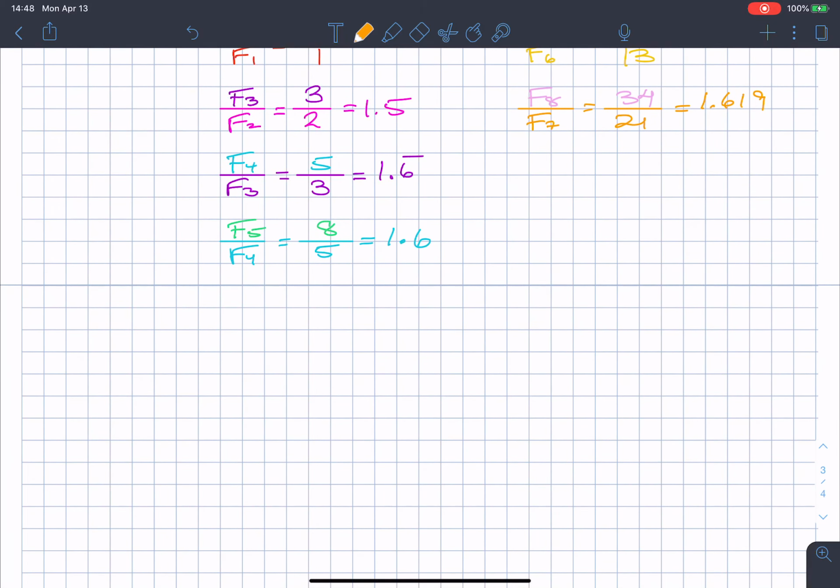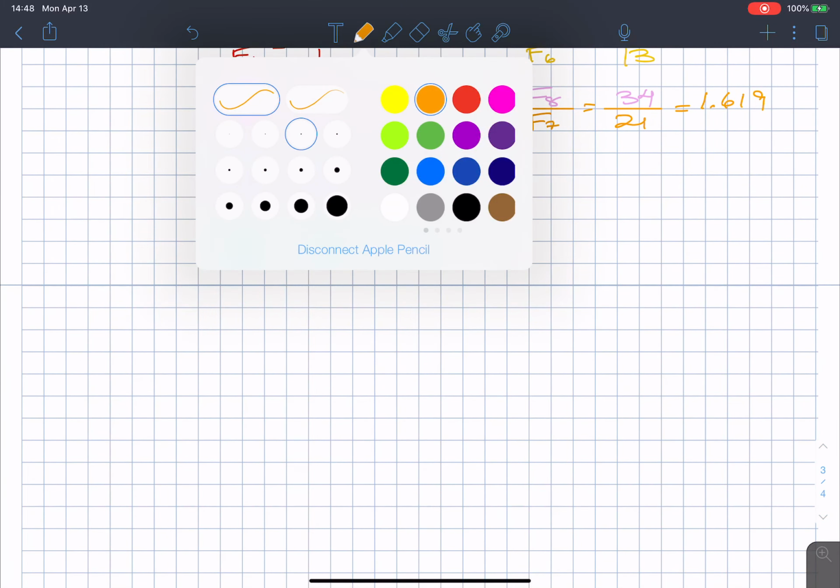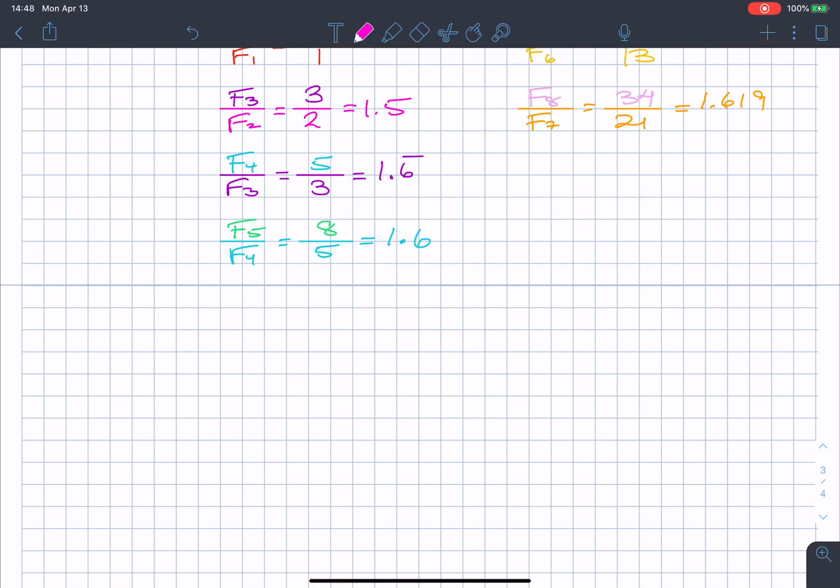And if you plug in phi, which is 1 plus the square root of 5 all over 2, what you get is something approximately equal to 1.619-ish.